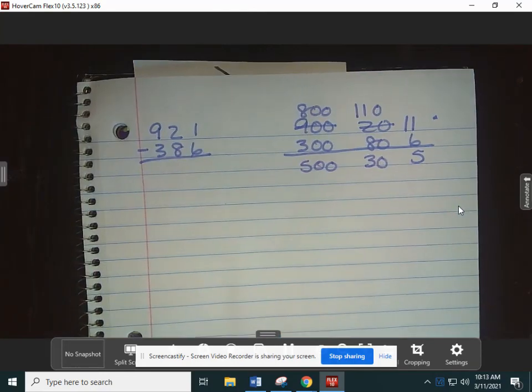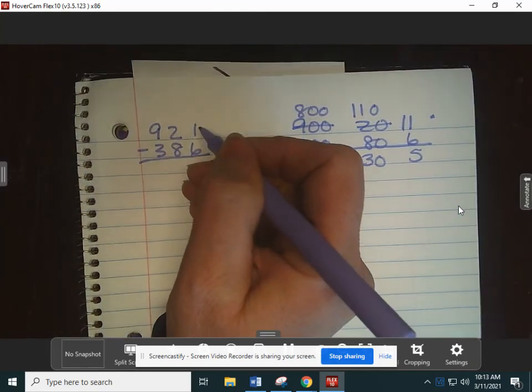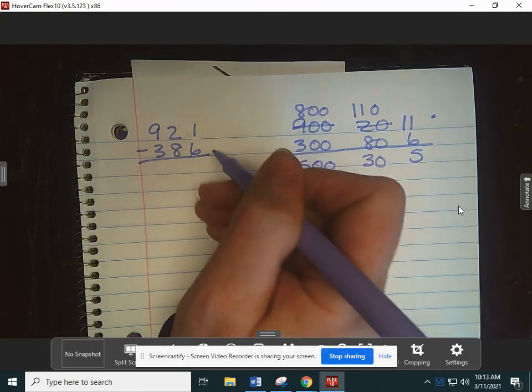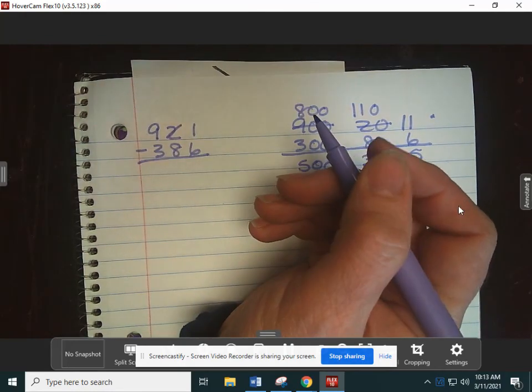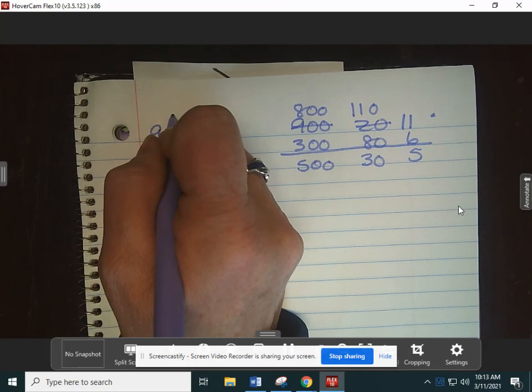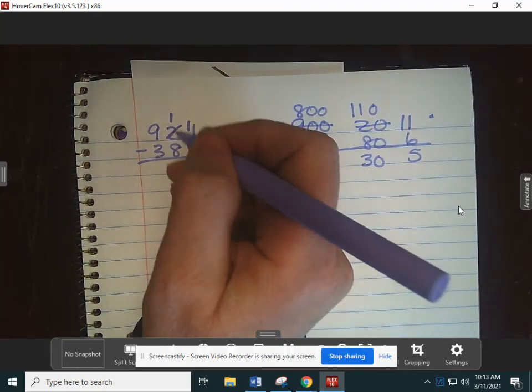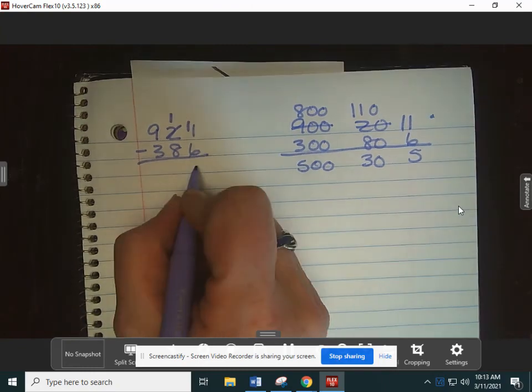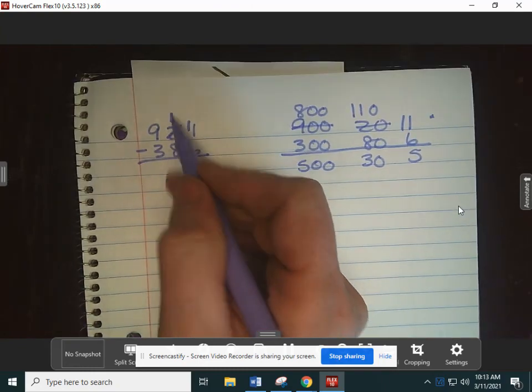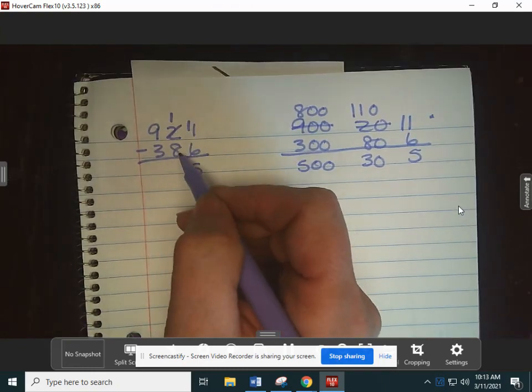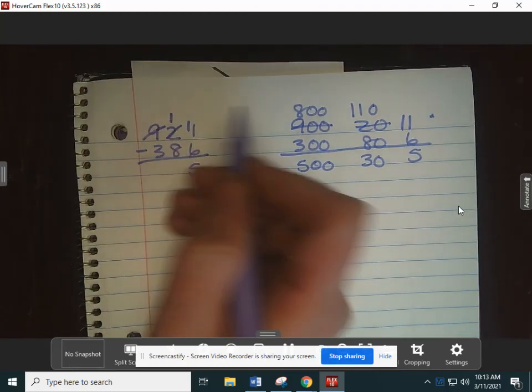If we're doing it as standard algorithm, same procedure. 1 is not big enough, so I have to borrow, like your parents talk, a 1. So 11 minus 6 is 5. So we're in the tens column. We have 10 minus 80, not enough. We're going over to the next column.